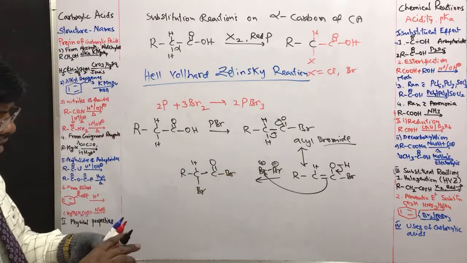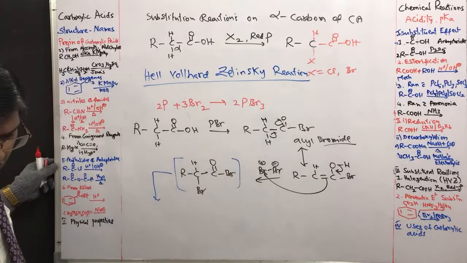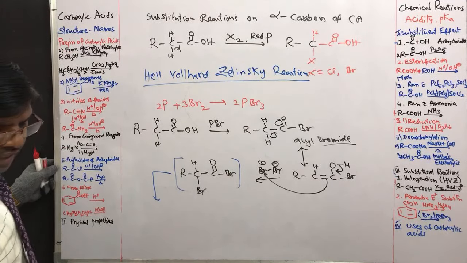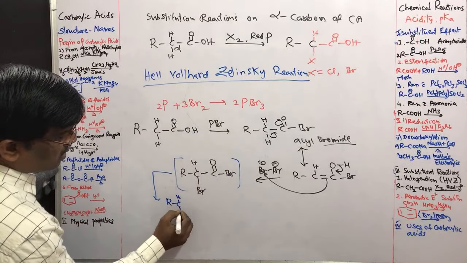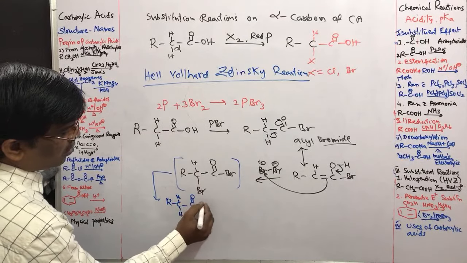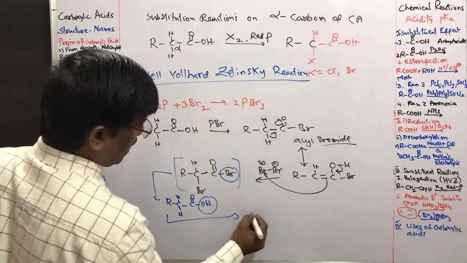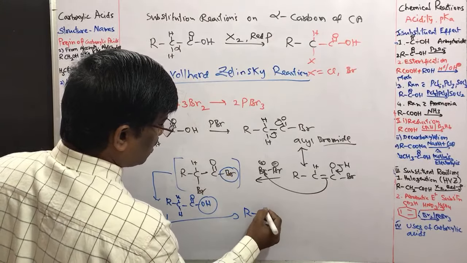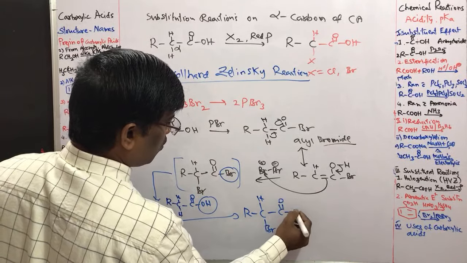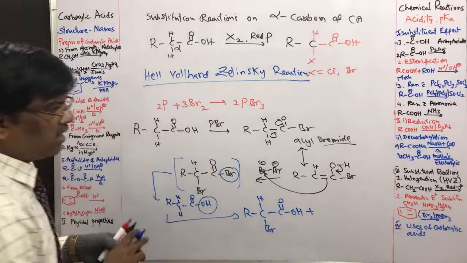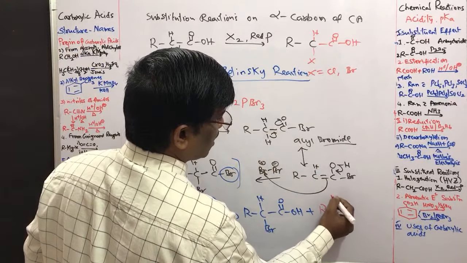So this dihalo compound is going to react with another mole of this carboxylic acid to exchange this bromine with water to give an OH group, giving R, CHBr, COOH, and again acyl bromide, which will be recycled in the reaction mixture.